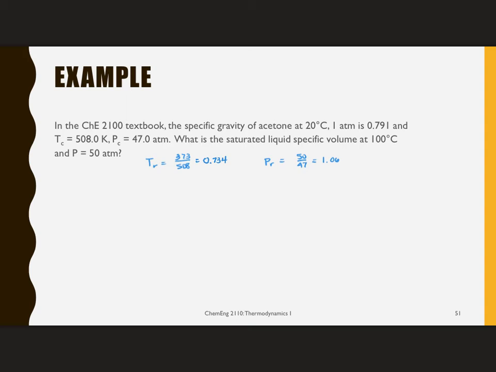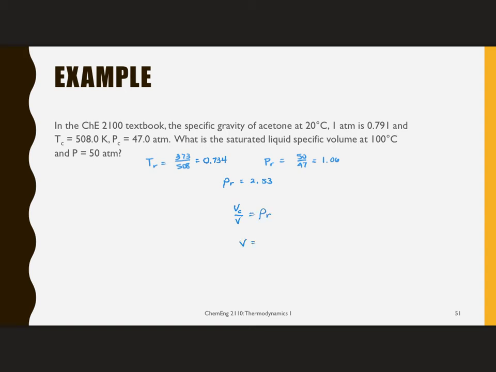And if I look on the graph for the Lydersen chart, it looks like rho_R is about 2.53, and therefore V_C over V is equal to rho_R.